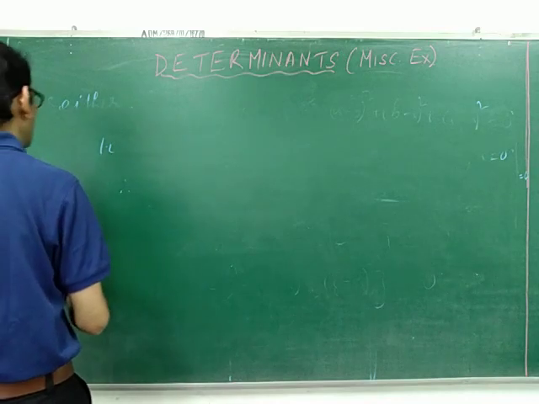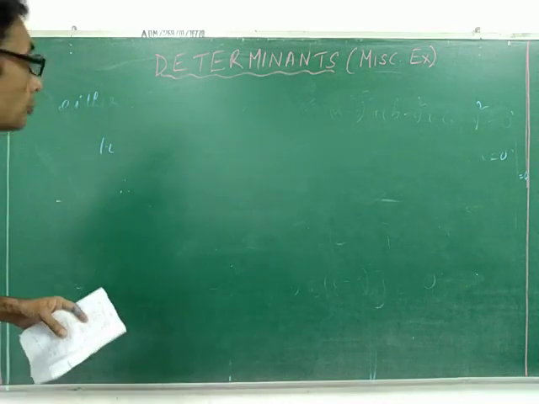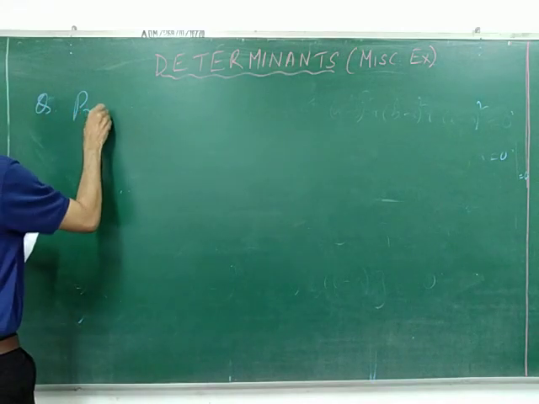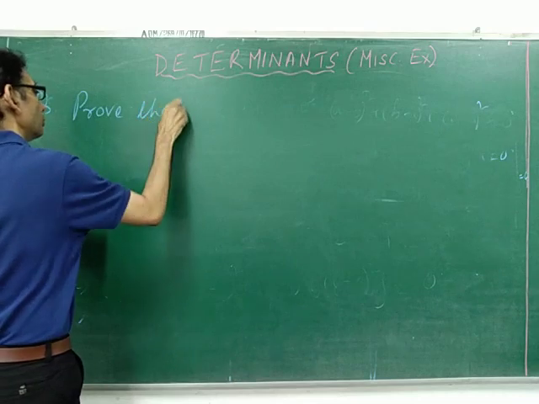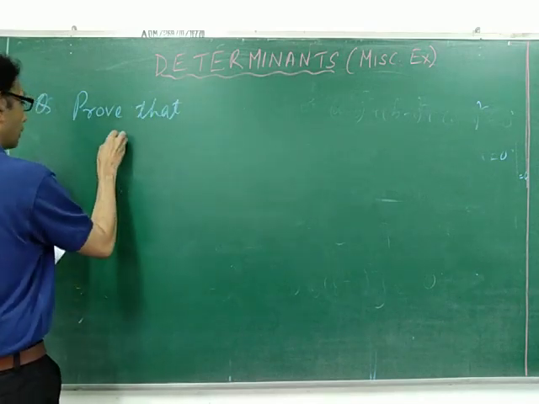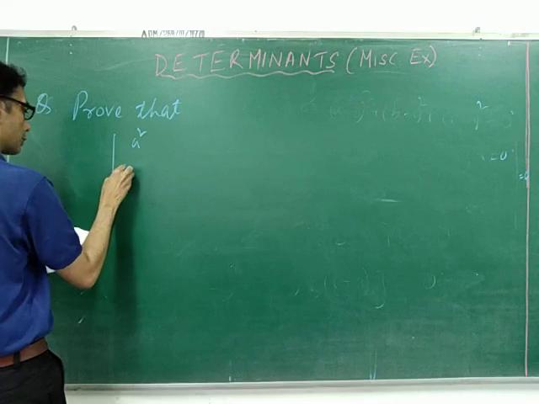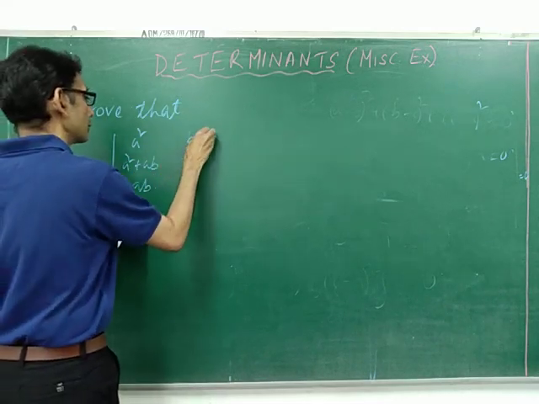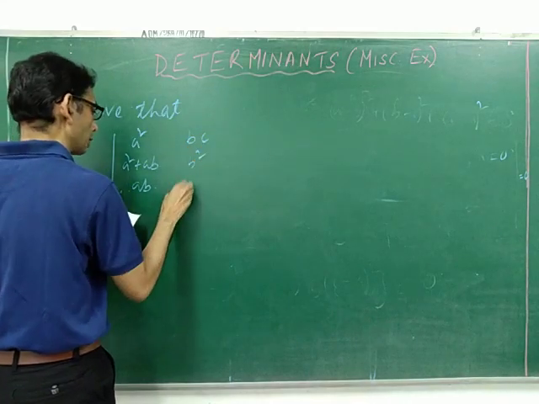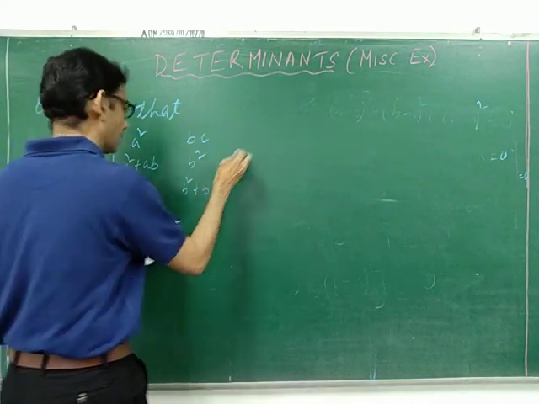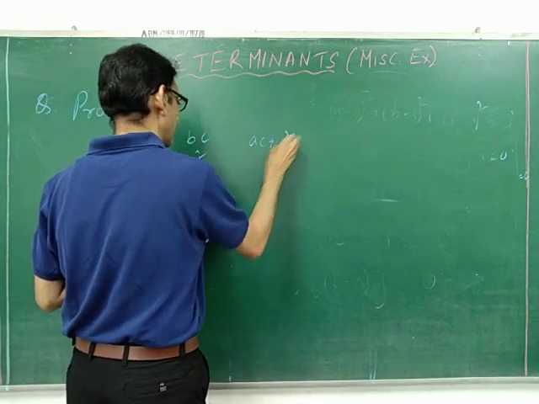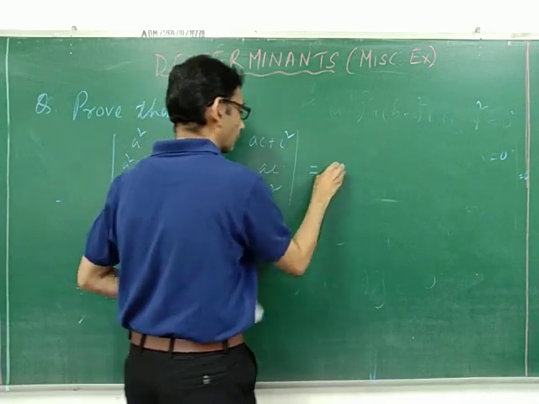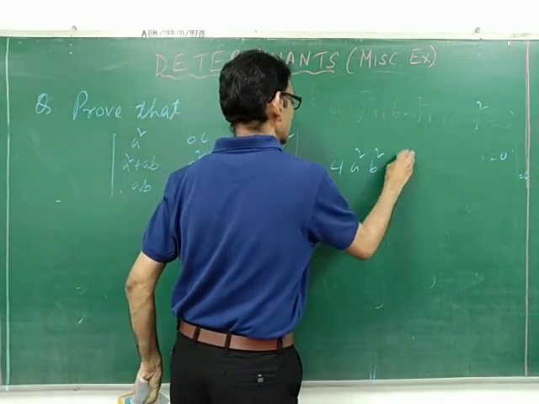Okay, prove that, okay, a squared plus ab, bc, b squared plus bc, AC plus C squared, AC, C squared is equal to 4 A squared, B squared, C squared.